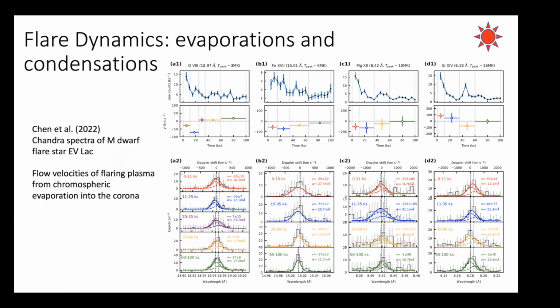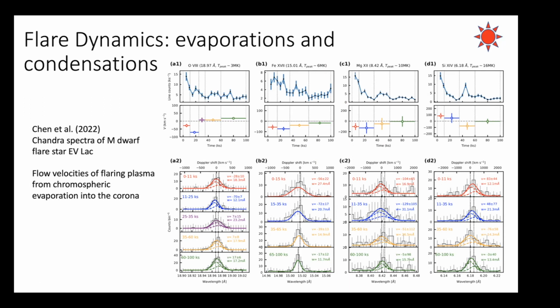It's very useful to look at evaporations and condensations in flares. This is an example of X-ray spectra from the M dwarf EV Lac, where you can see evidence of flow velocities of the flaring plasma coming from chromospheric evaporation into the corona. Each column is a different emission line, and the top row is the light curve in that emission line.